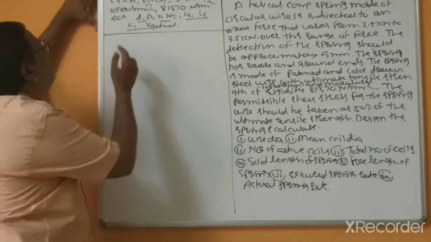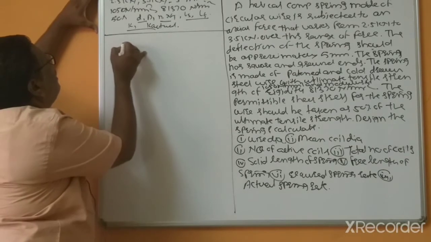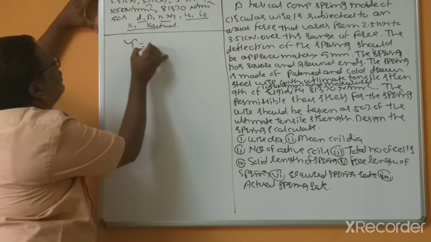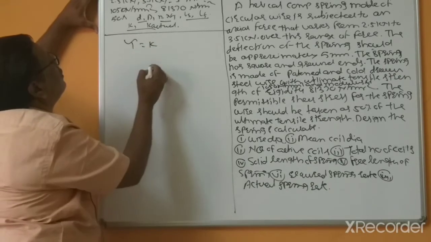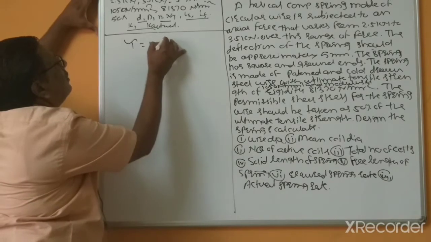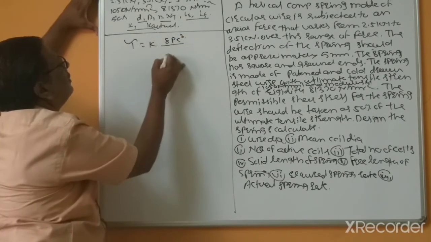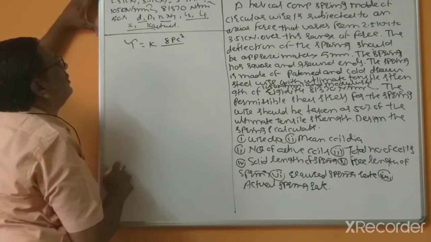Now deflections is 5 mm. So what is the formula? Tau equal to K into 8PC divided by pi d squares.